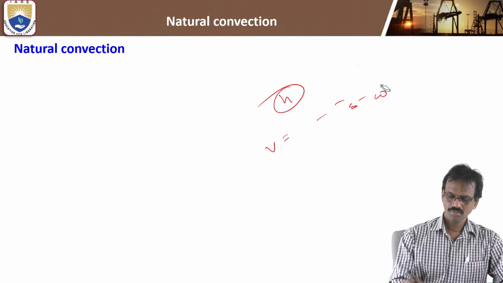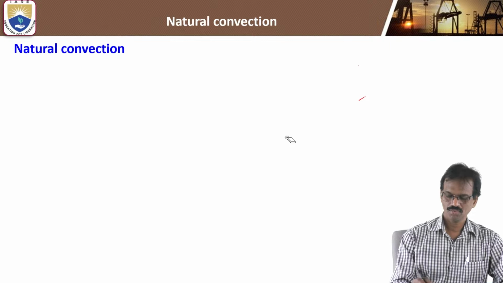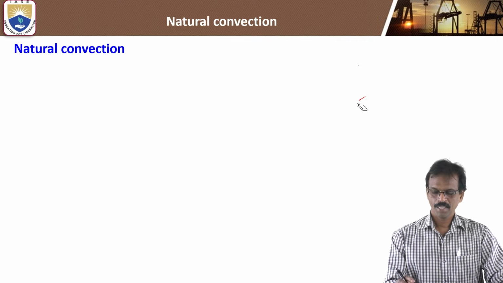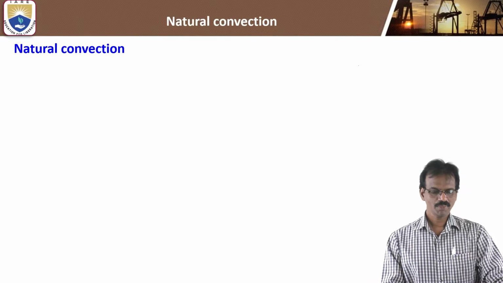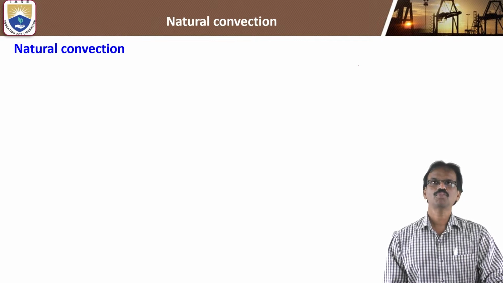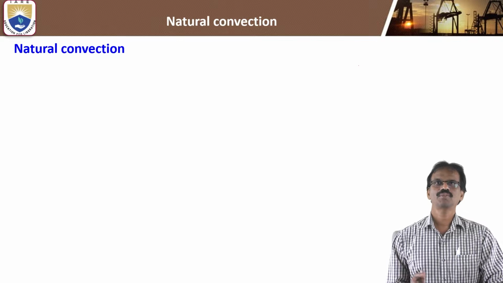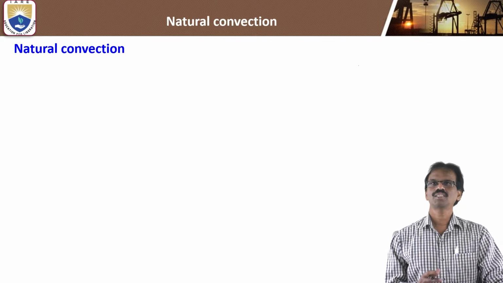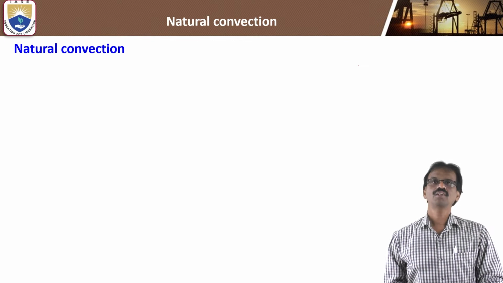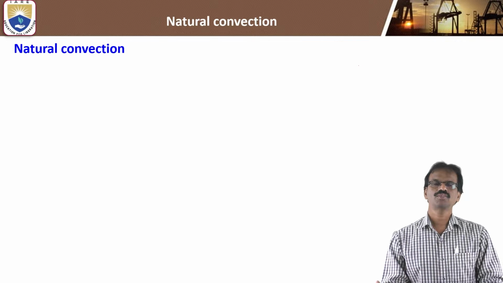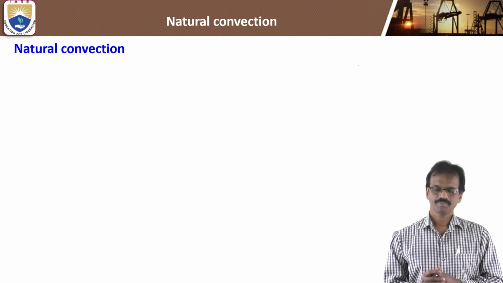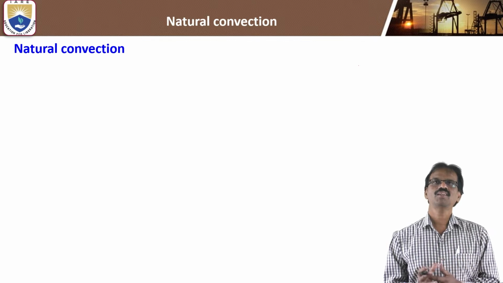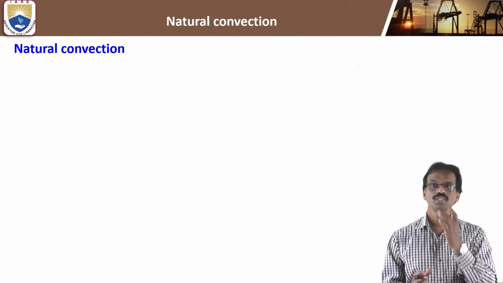First of all, once again I want to remind you of the natural convection process. Convection takes place by the bulk movement of the particles from one place to another place. If the movement of the particles is caused by some external agent, that is forced convection.